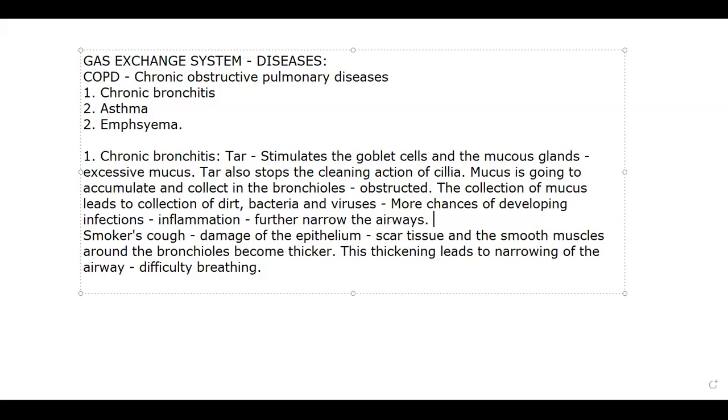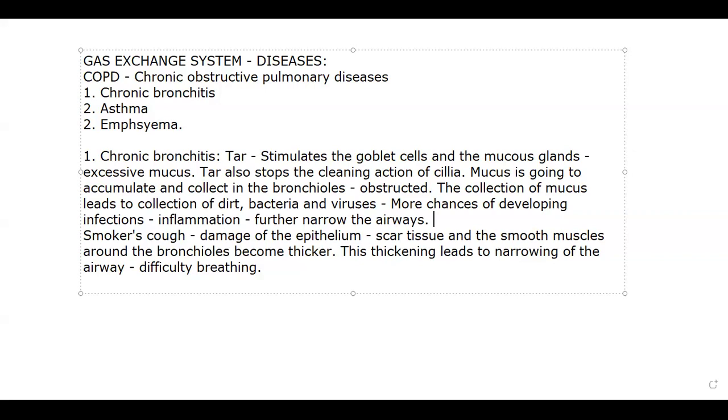So if the tissue swells up, that's going to narrow the airway even further. This is like a cycle. It's not something that happens one time. It's a constant cycle. So eventually, due to the infections, the inflammation, the accumulation of mucus, the constant thickening, and the narrowing of the airway, what is going to happen?